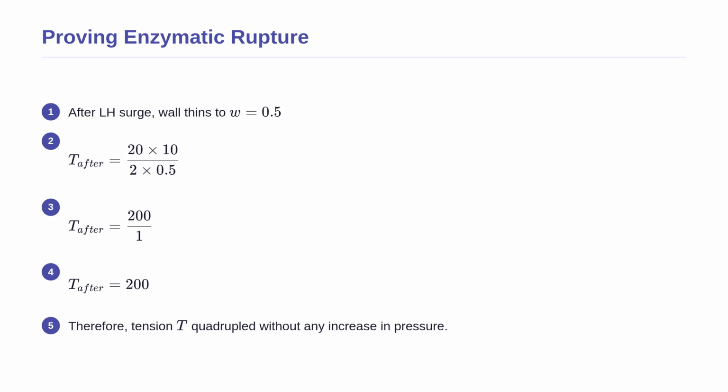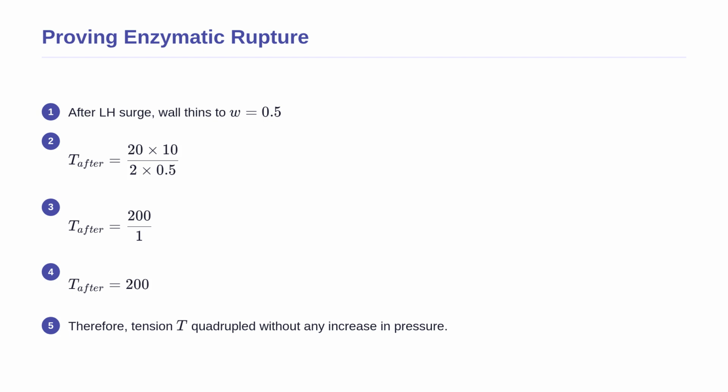Now that we have our baseline, we will mathematically prove that enzymatic thinning is the primary driver of rupture. 12 hours after the LH surge, digestive enzymes have severely thinned the wall at the stigma down to 0.5 millimeters. The pressure and radius remain exactly the same.